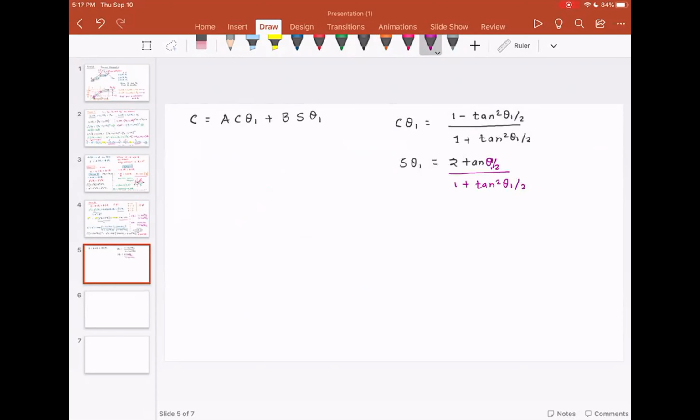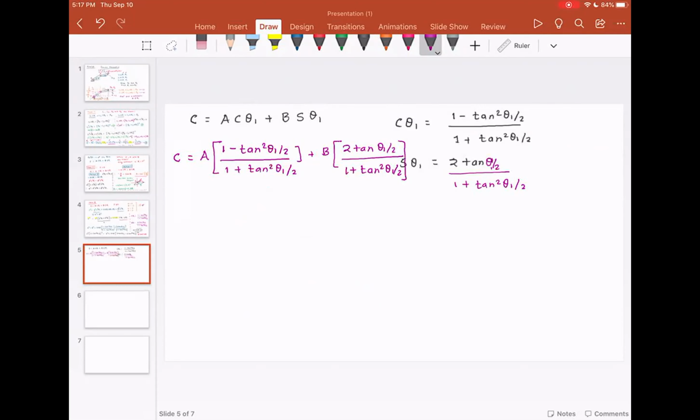And then this equation becomes A multiplied by 1 minus tan square theta 1 by 2 over 1 plus tan square theta 1 by 2, plus B times 2 tan theta 1 by 2 divided by 1 plus tan square theta 1 by 2.